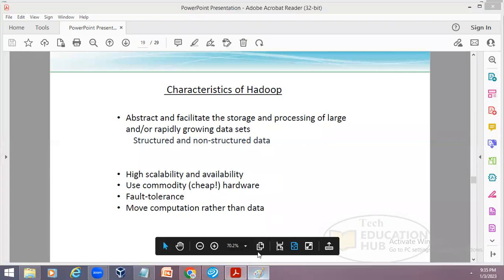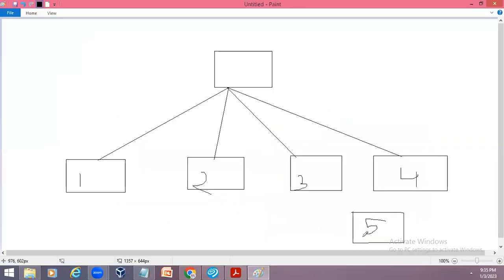For example, let's suppose there is a job working on node 2. I'm writing this as J1, job 1. It's running on node 2. Let's say by any chance this node is down and it's not alive now. What do you think will happen in that case?